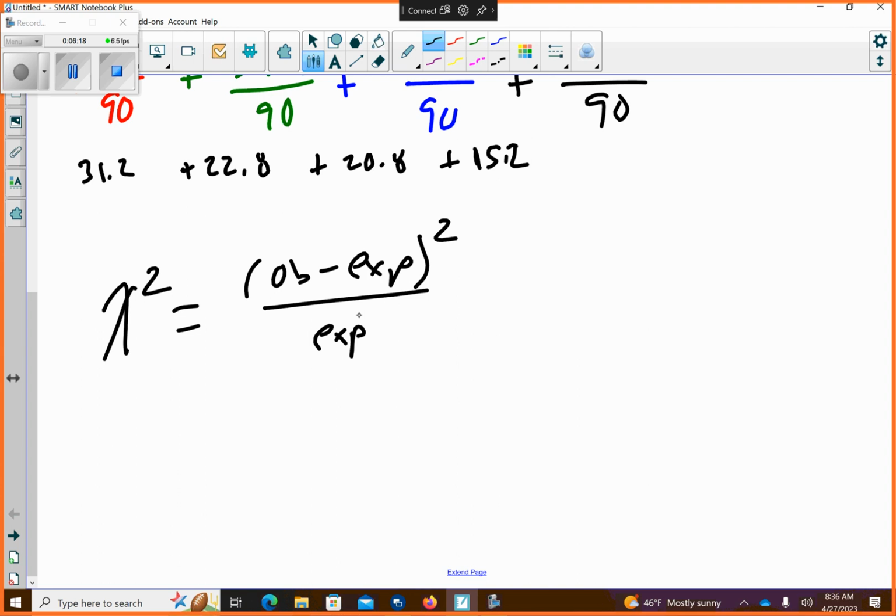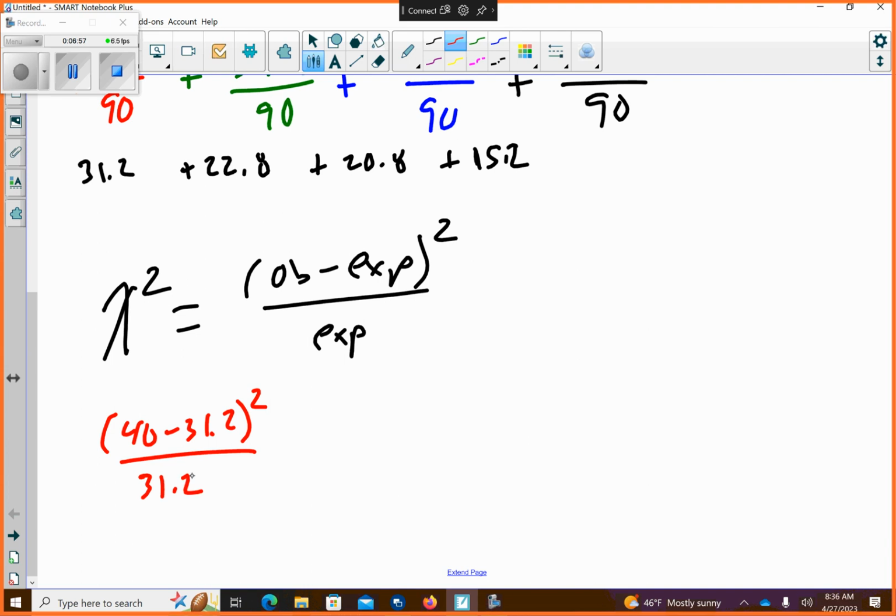I think we can do this. So for our red one, which is 31.2, we observed 40. We're going to go 40 minus 31.2 quantity squared divided by the expected 31.2.